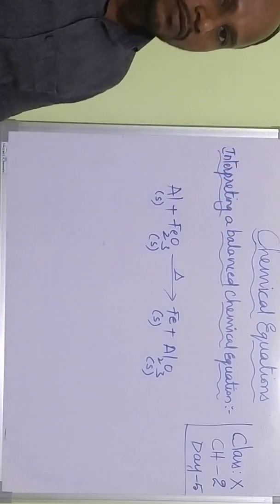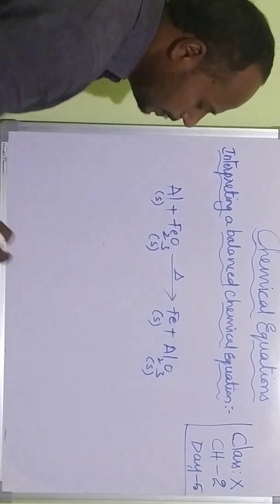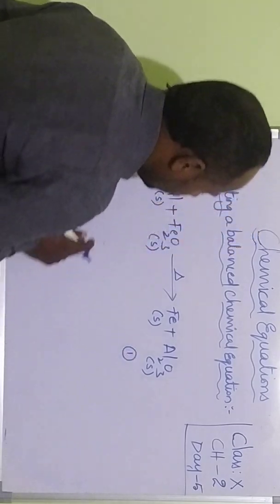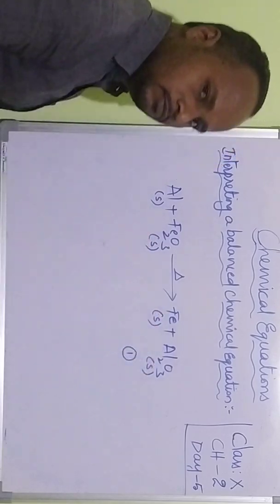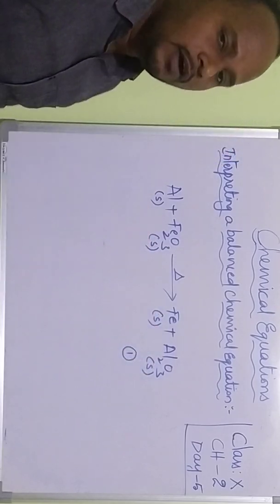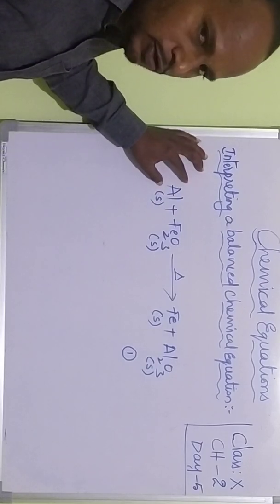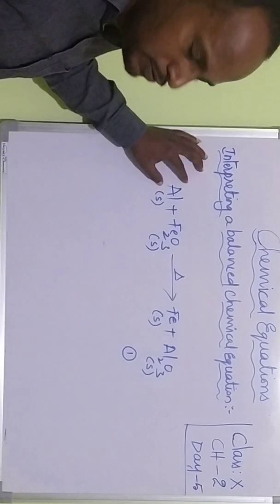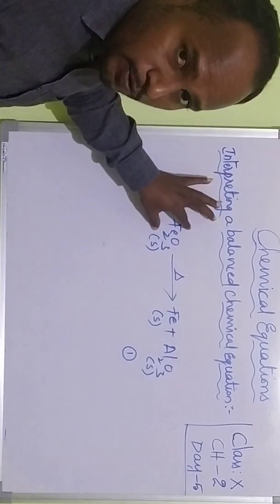See here what we have done now. If you want to interpret for the first time, we can find out the reactants and products using their symbols and formulas, isn't it? For example, using the symbol aluminium, it's a symbol, right? By using the symbol we can identify the reactant, and this is a compound, right?